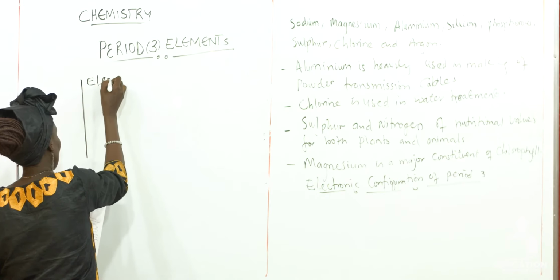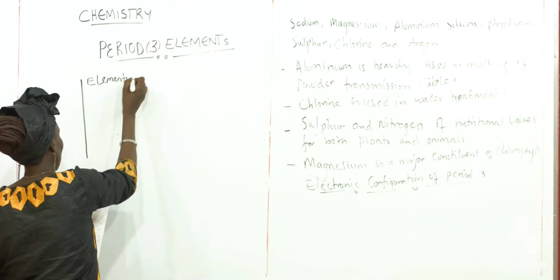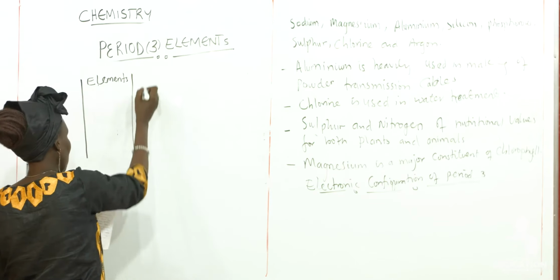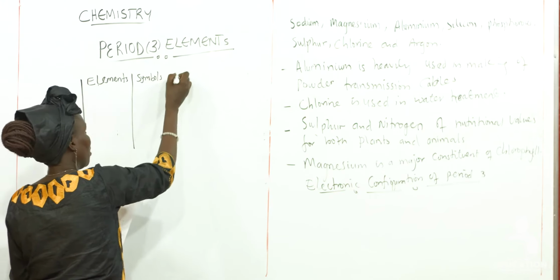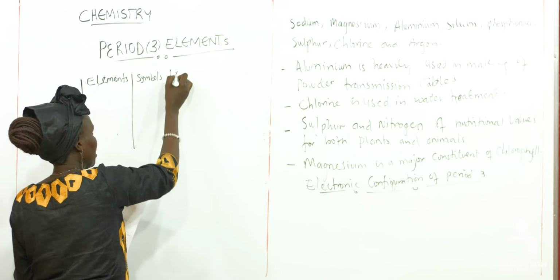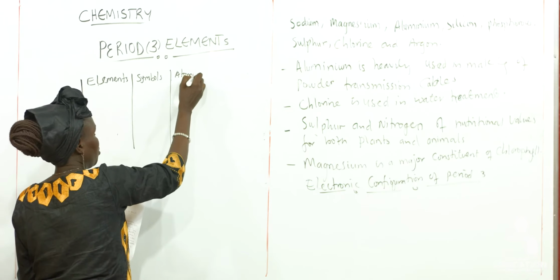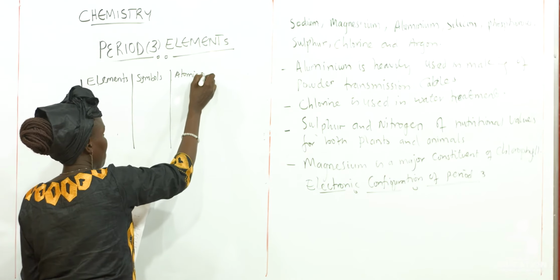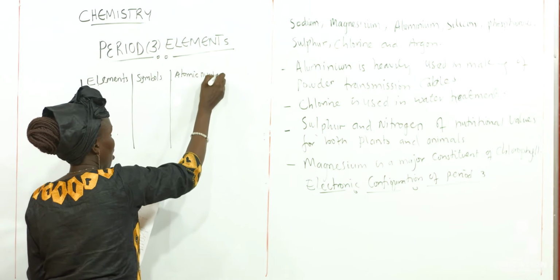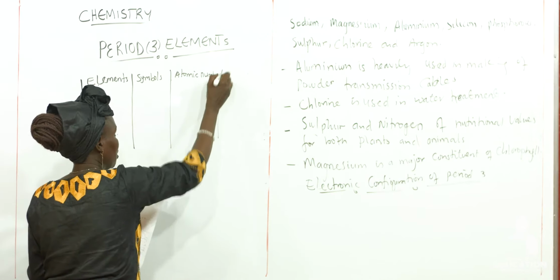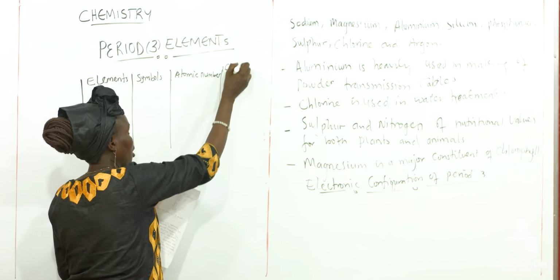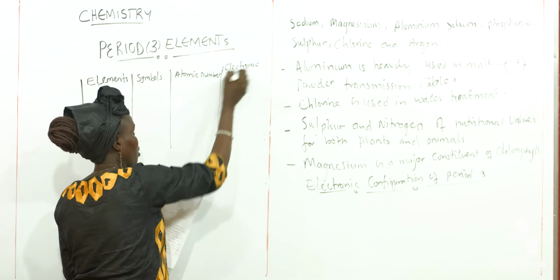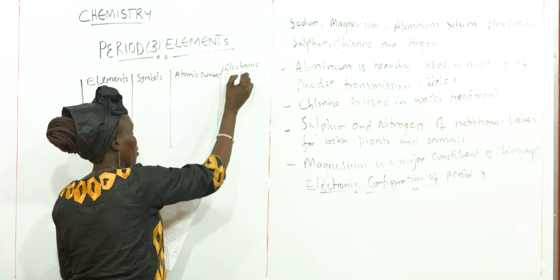We shall have a table of elements. We have symbols, we have atomic number, and then we have the electronic configuration.